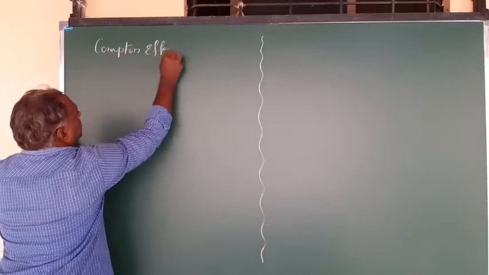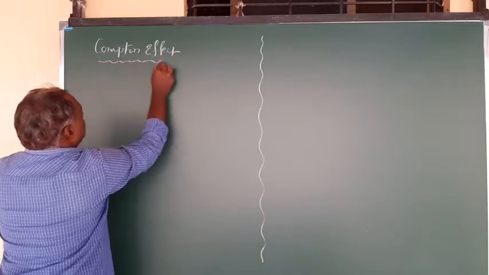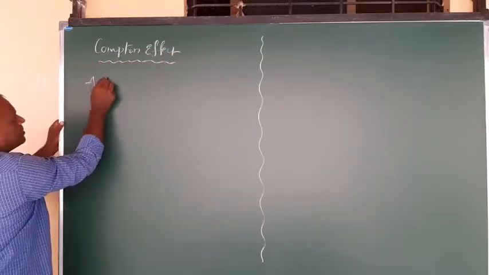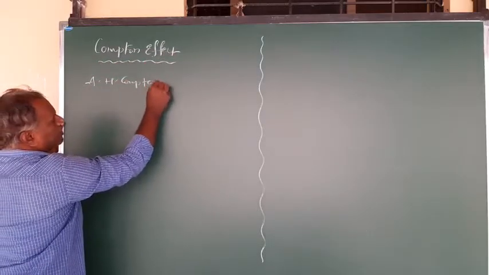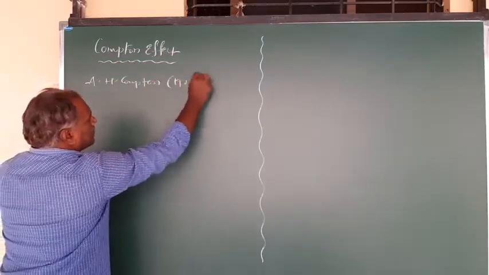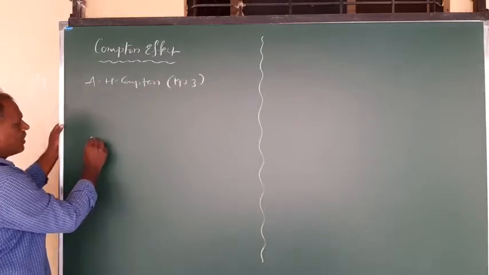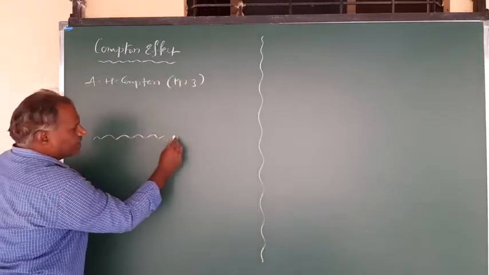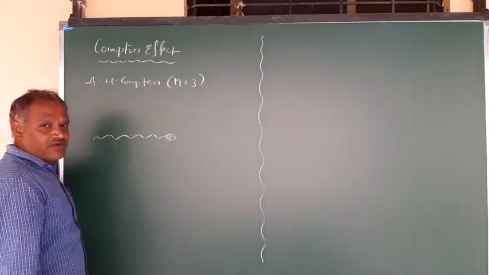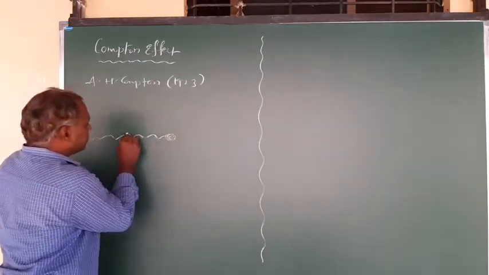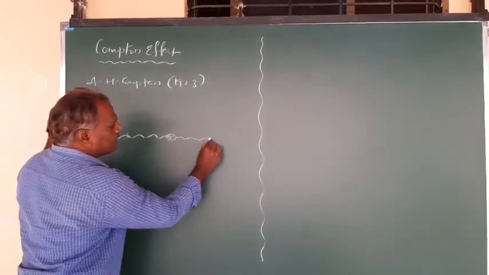The scientist's name is H. Compton, in 1923. He observed that a photonic radiation, the incident radiation, interacts with a material like graphite. This is the actual direction of the photon.